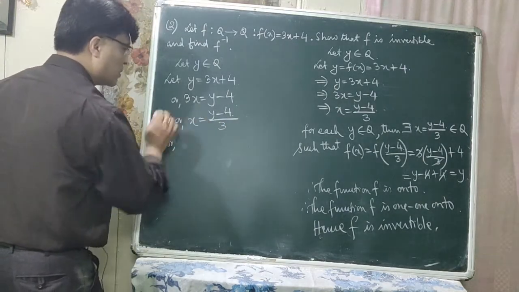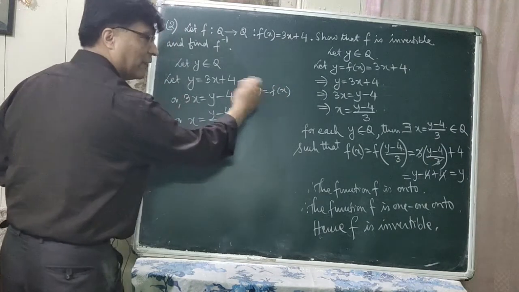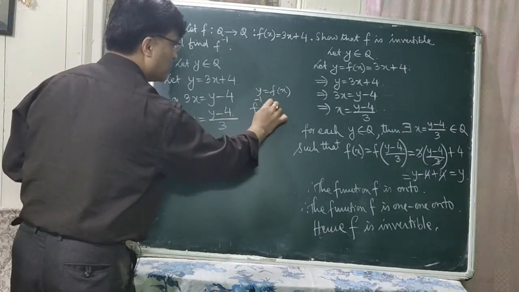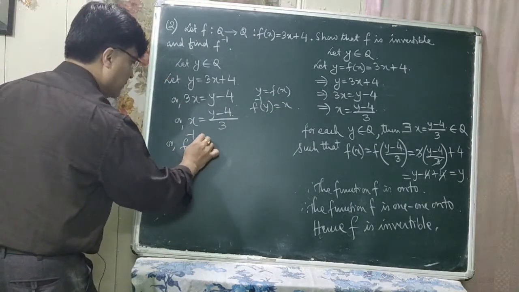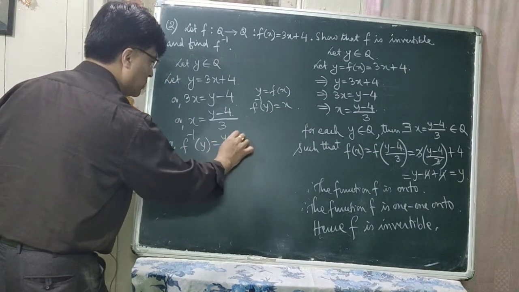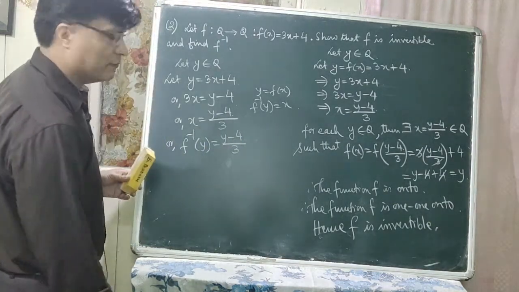So instead of x, what can you write? You know that y is equal to f of x. So when f goes to the left hand side, it becomes f inverse of y, which is equal to x. So instead of x you have to write f inverse of y is equal to (y minus 4) divided by 3. So this is f inverse, okay?